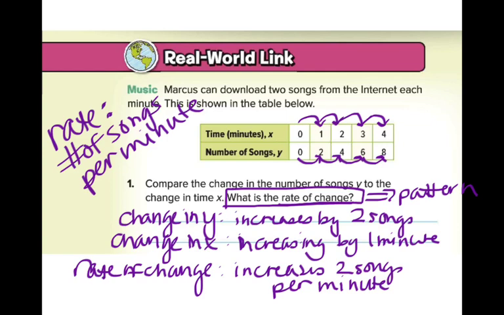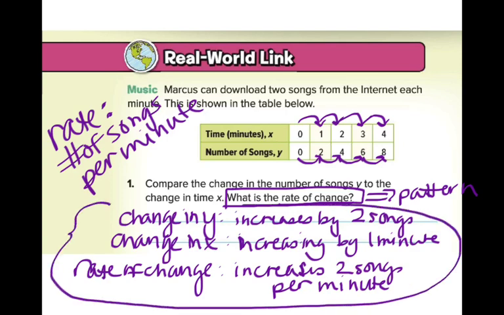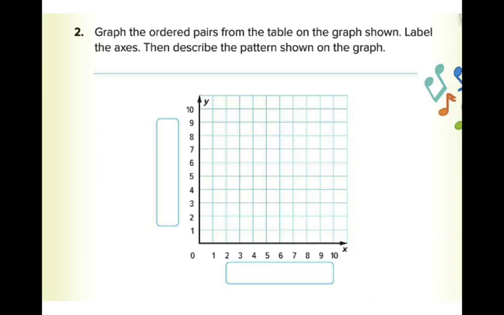Every time we change, we go up by 2 songs in the Y, and we go up by 1 minute in the X. So it increases 2 songs per minute. This right here is your answer to the question. All the other stuff is just extra little notes.